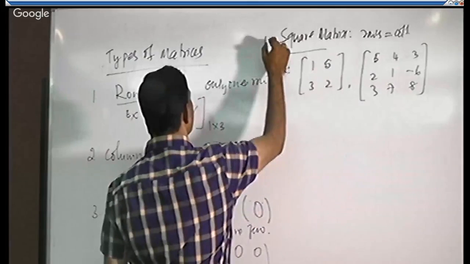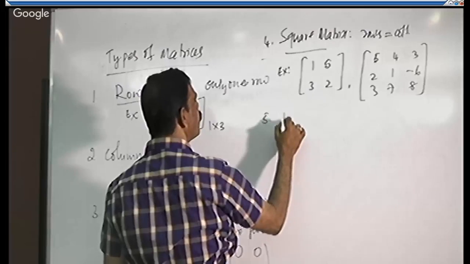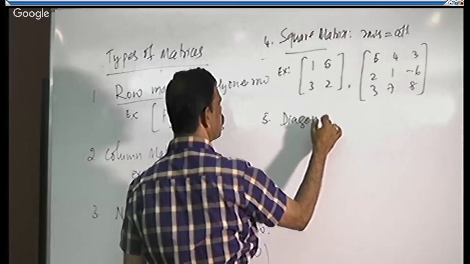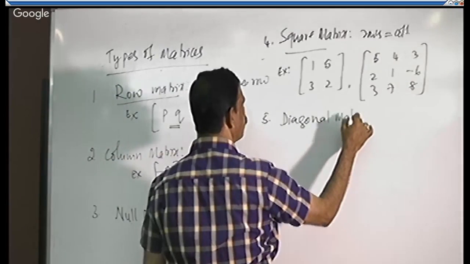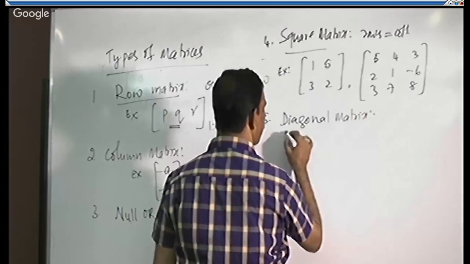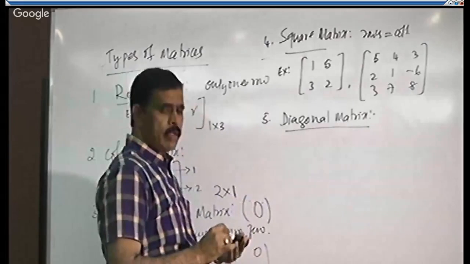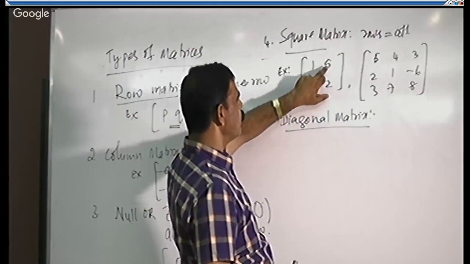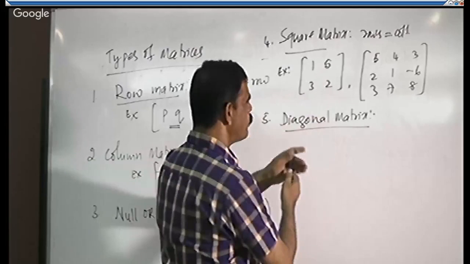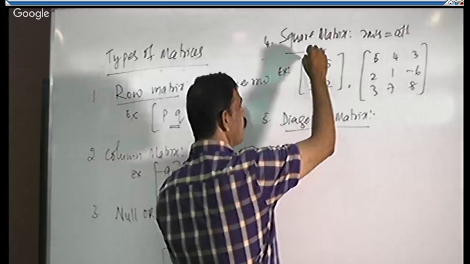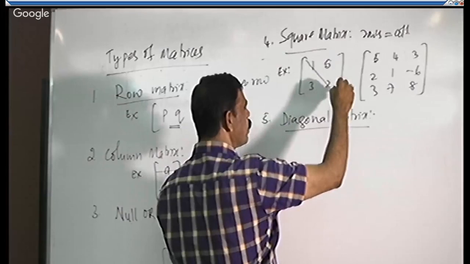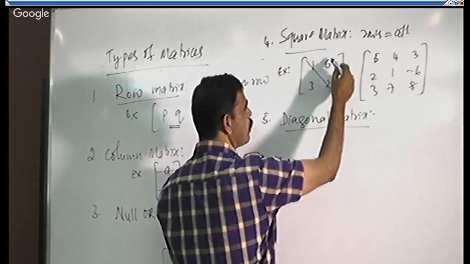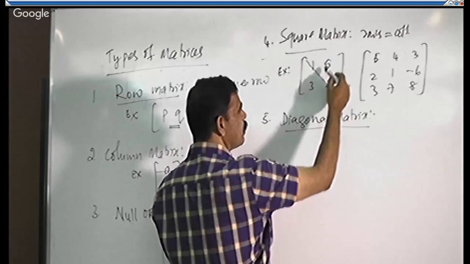Next one, diagonal matrix. You take a square matrix. See the above one: 1, 5, 3, 2, in which the elements lie along the diagonals. They are said to be diagonal elements. They are the right diagonal elements and they are the left diagonal elements.